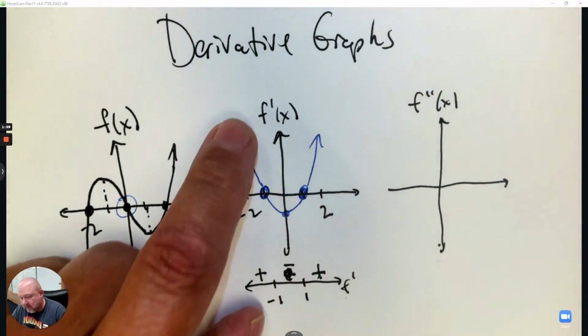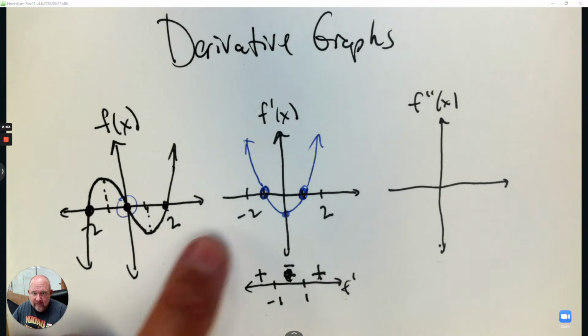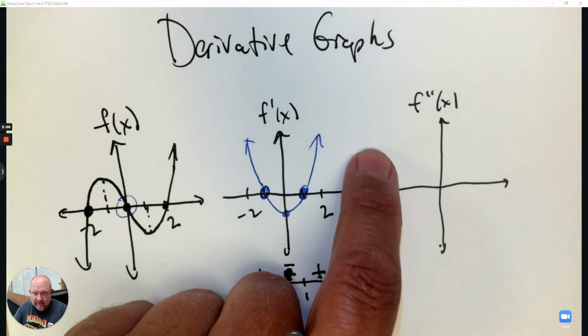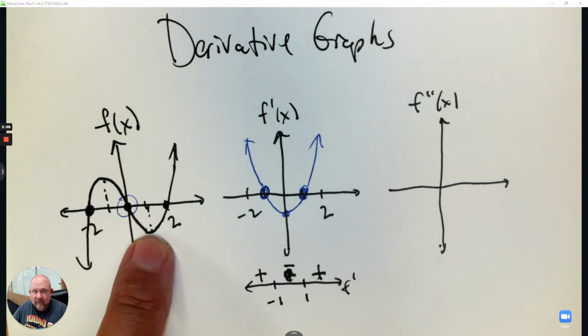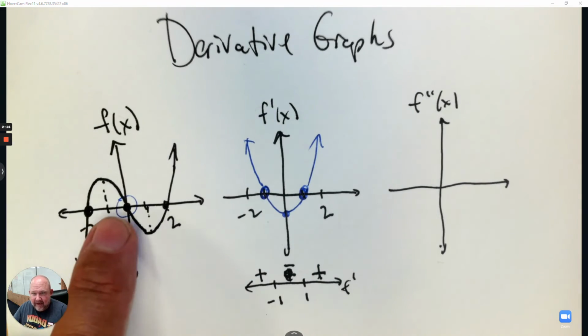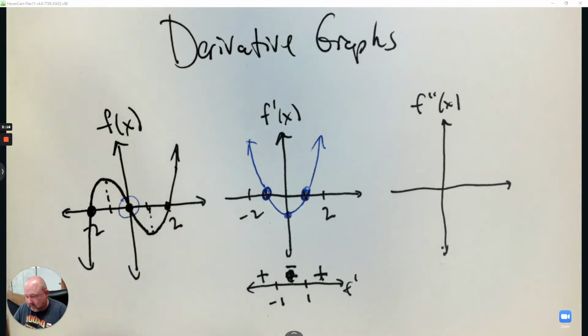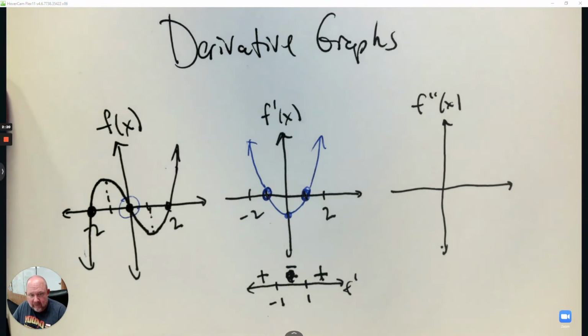The turning point for the derivative describes where the point of inflection is. So it's above, below, above. The x-intercepts are the x values of the turning points, and the turning point of the first derivative is the x value of the point of inflection. So this is concave down, and then it changes to concave up, and there it is.